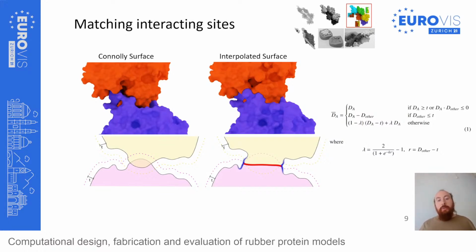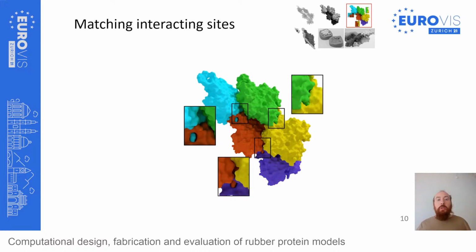The output of iterating this interpolation scheme over all the subunits is a set of perfectly matching subunits whose surface is deformed only locally at the interaction sites, as you can see here in the animation. It only changes along interaction sites and all the rest remains unchanged.